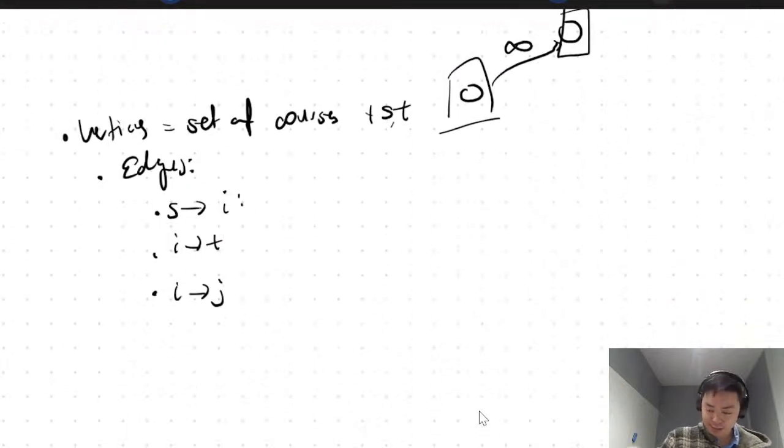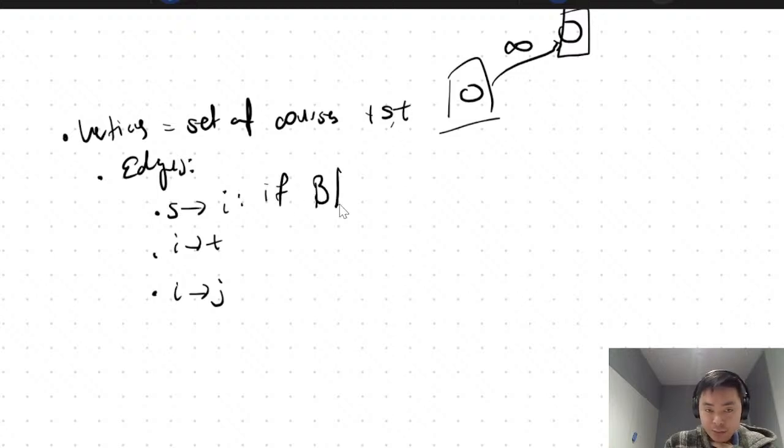So let's go back to this. This one's a little bit trickier. So I'm actually going to write out the flow network. You're going to construct an edge from S to I if the benefit is positive, and we're going to construct this edge with capacity BI.